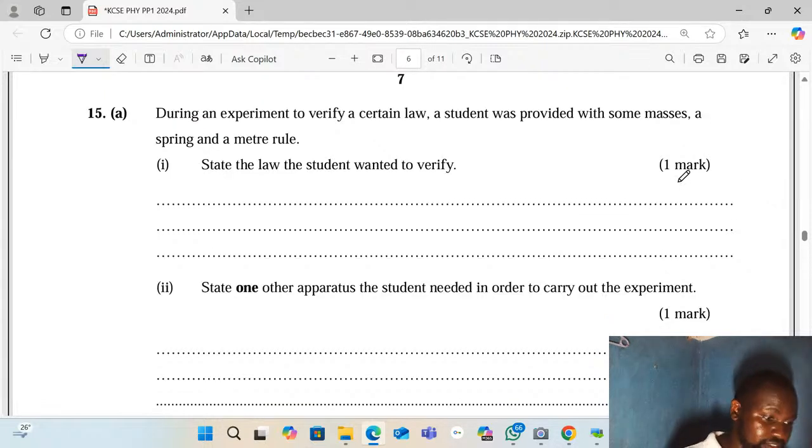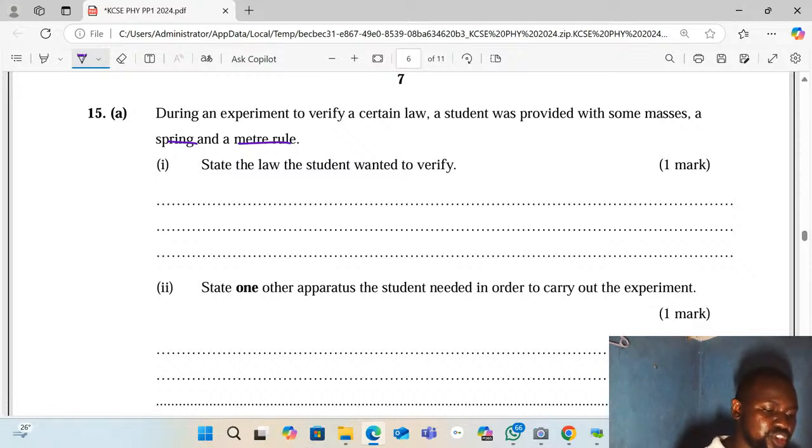During an experiment to verify a certain law, a student was provided with some masses, a spring, and a meter rule. Then you are told state the law the student wanted to verify. Therefore, the moment you are told state the law, you have two options.